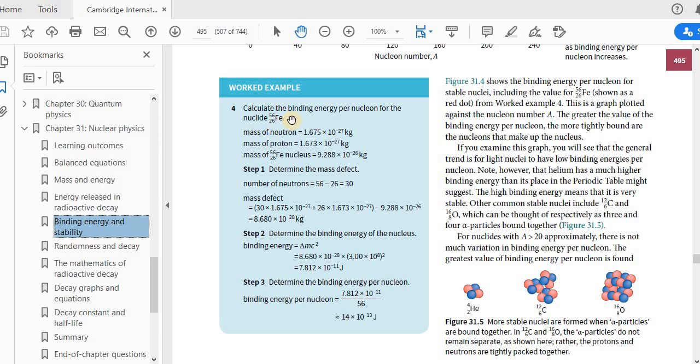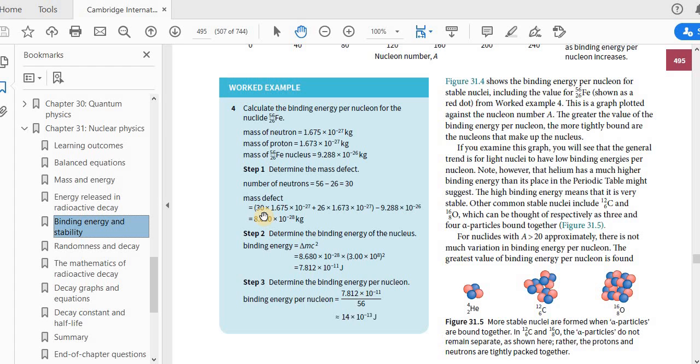Calculate the binding energy per nucleon of iron. The mass of a neutron is given, the mass of a proton is given, and the mass of the iron nucleus is given. First we can find the mass defect. To do that, we first have to find the number of neutrons in iron. That is 56 minus 26, which is 30. 30 neutrons are there in iron.